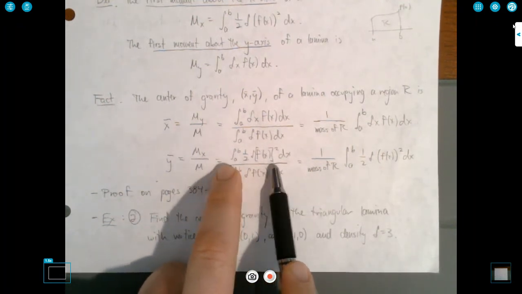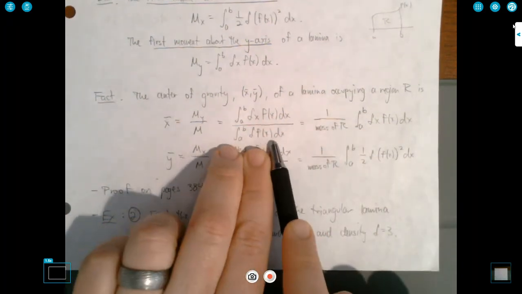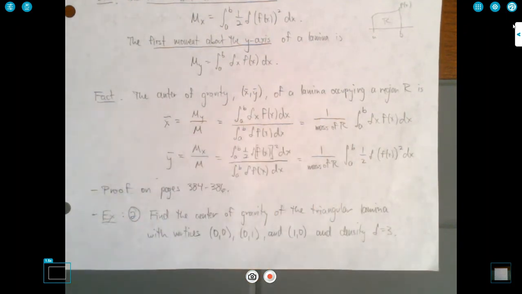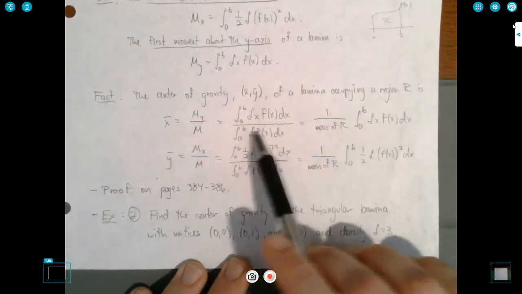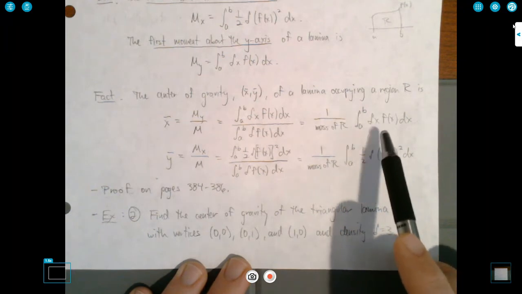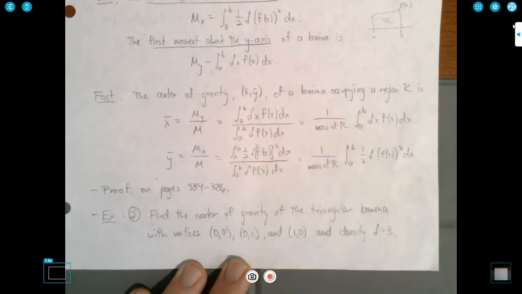I guess they're both the mass, right? So this is the formula for the mass. This is the formula for the first moment about the y-axis. Okay, so in other words, you can think of this thing as 1 over the mass of R times m sub y, the moment about the y-axis.